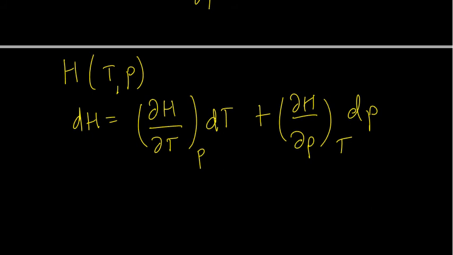And now we have to worry about what exactly these things are. What exactly is del H by del T at constant pressure? Well, of course, since del U by del T at constant volume was Cv, this is the change in enthalpy with temperature. So that is Cp, the heat capacity at constant pressure.